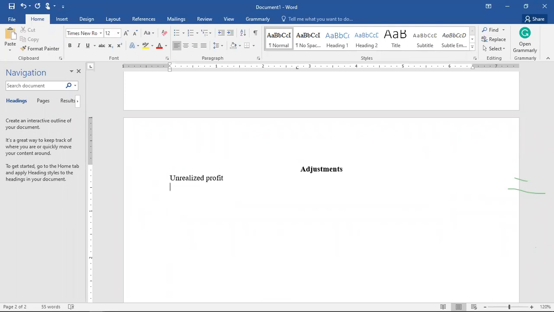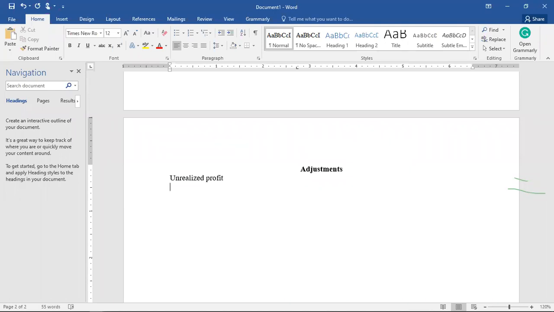I told you that if it is the subsidiary that is selling to the parent, then whatever profit or loss is generated will be shared based on the percentage holding. In our case, it is 80-20.